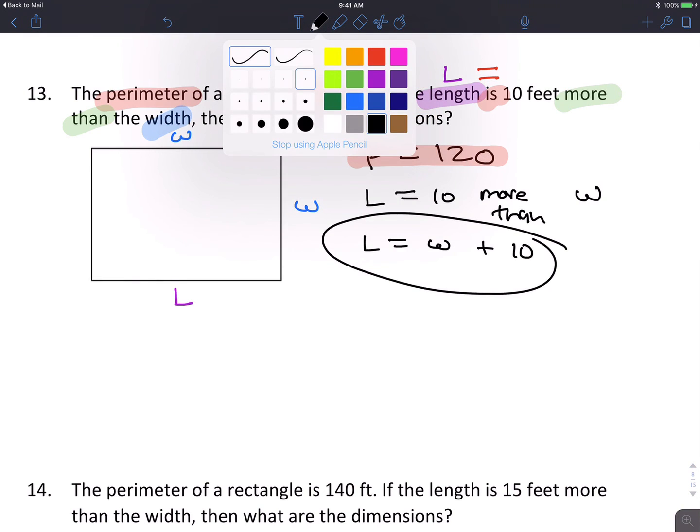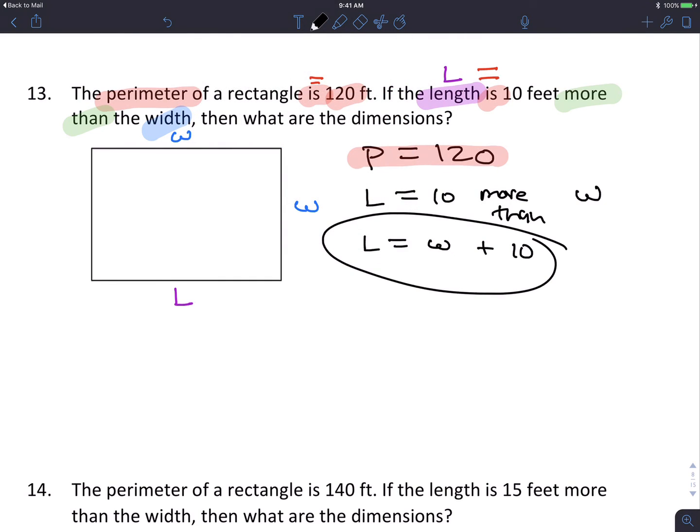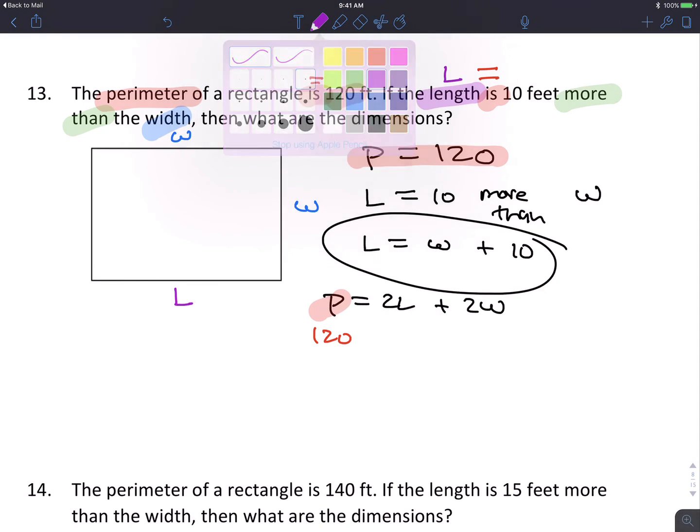Let's recall that we have a rectangle, and so the perimeter is actually 2L plus 2W. So if my perimeter is 120, sorry, not 20, 120 gets substituted for P. L, we know in purple, is W plus 10.